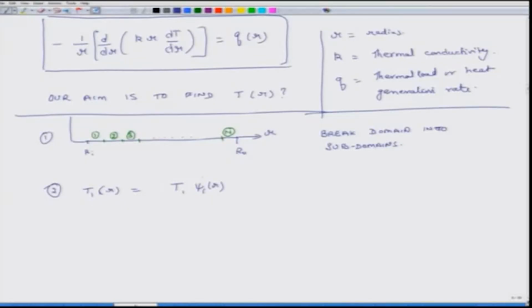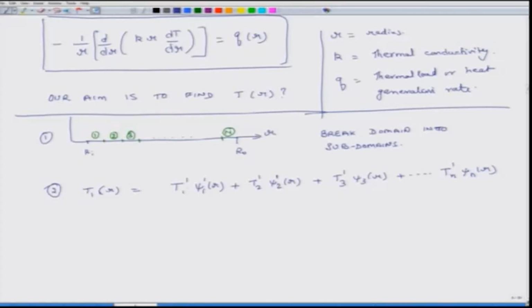And there is a plus T2 psi 2 r, excuse me, plus T3 psi 1 r. What have I written?